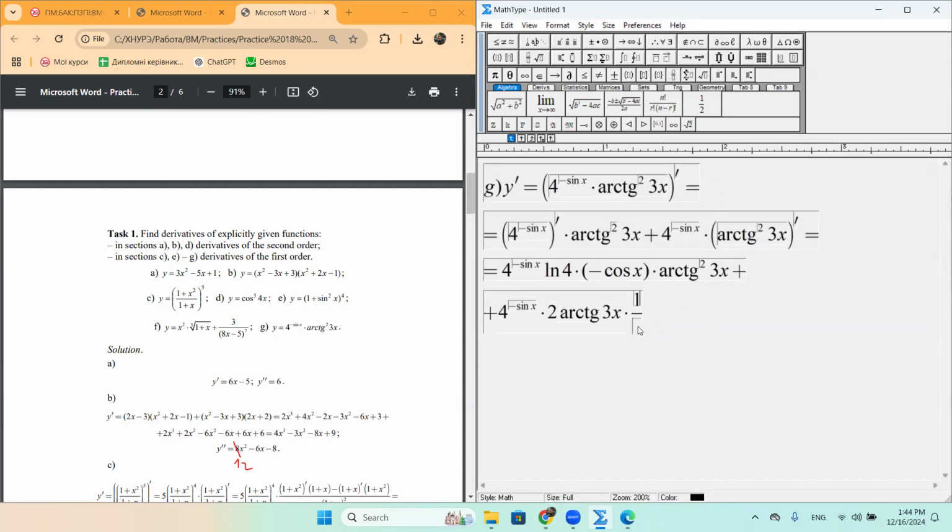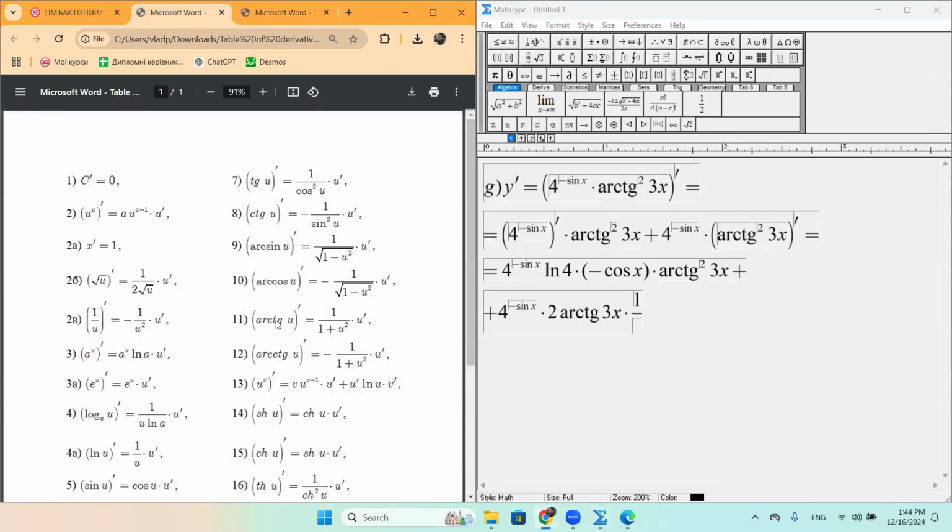So the derivative of arctangent is the next. Just let me remind you: 1 plus u in power of 2. So u is 3x, so 1 plus 9x in power of 2. And again, we need to multiply by u prime. So multiply by 3.